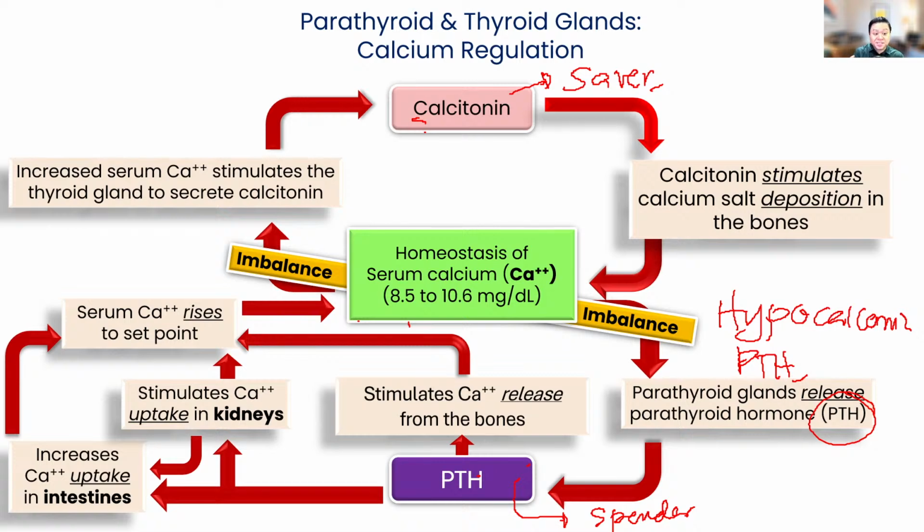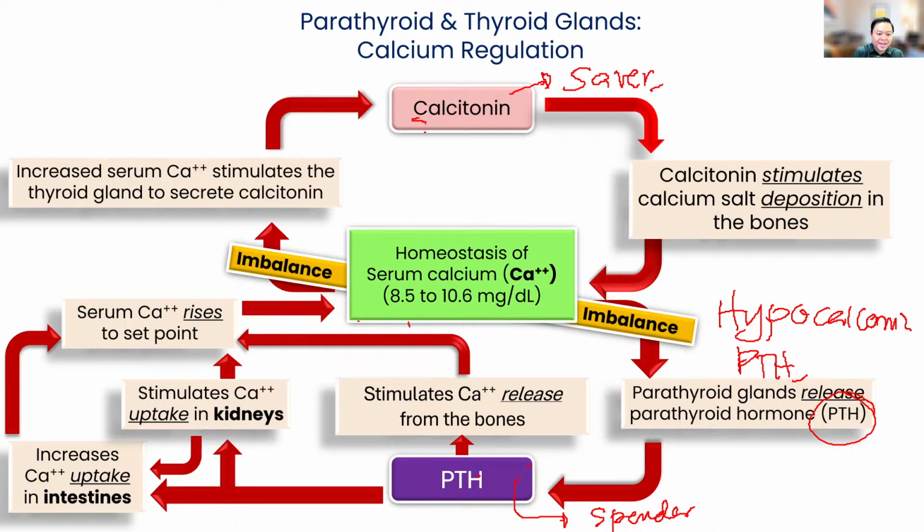What causes the hyperparathyroidism? One of the causes of hyperparathyroidism, especially in secondary type, is hypocalcemia. The low calcium level in the bloodstream can stimulate the parathyroid gland to release the parathormone.